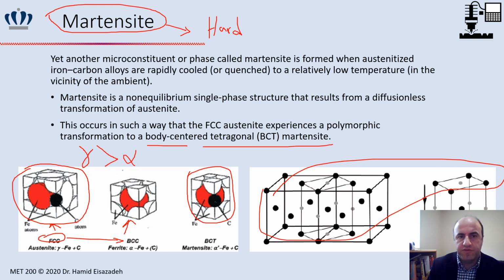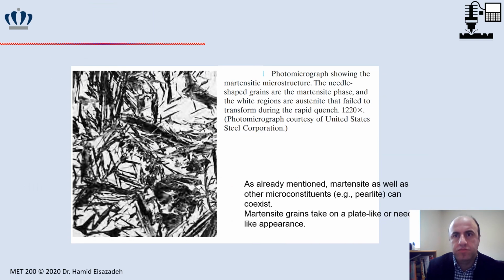It's not a soft material similar to this phase. This micrograph shows the martensite, which are needle shaped. And these are in random orientation. As you see here, they are in random directions.